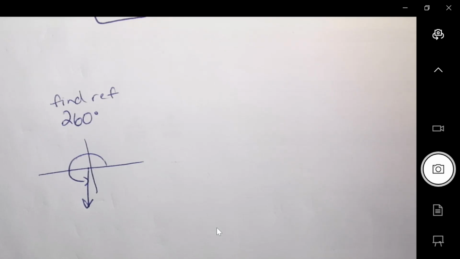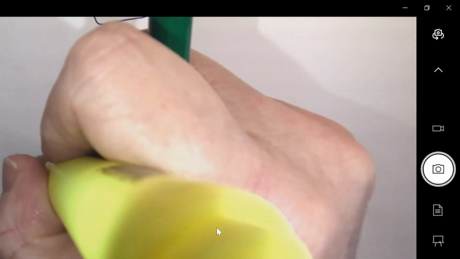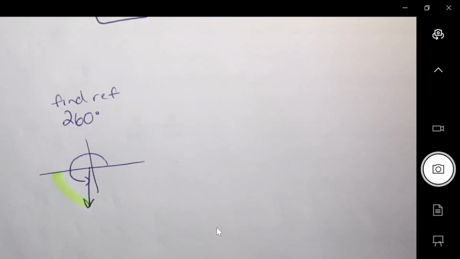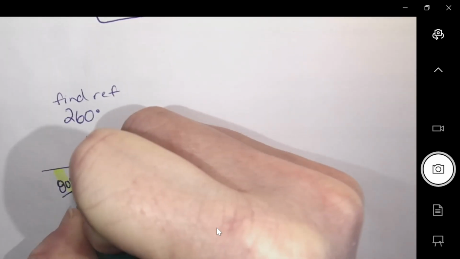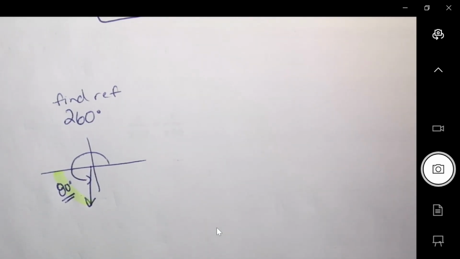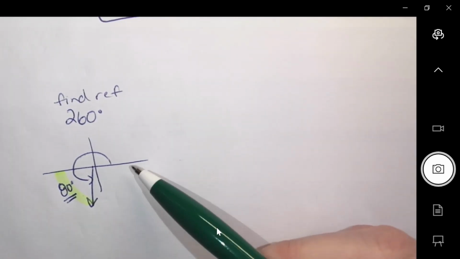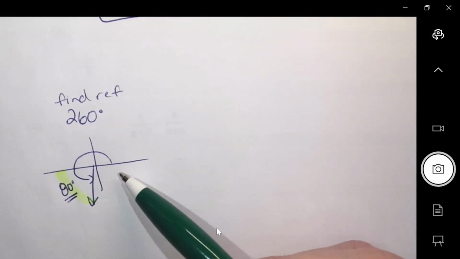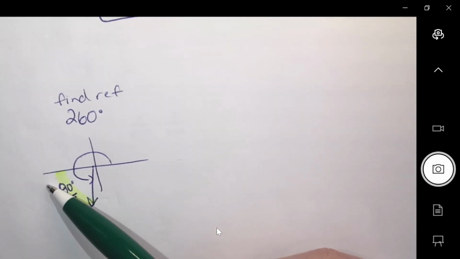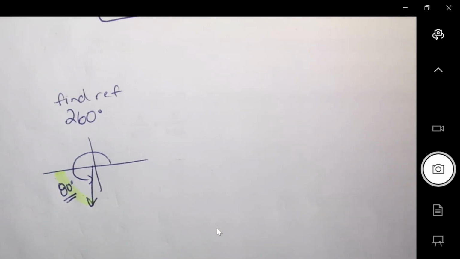Between it and the nearest x-axis, not a y-axis. I tried to trick you because you're really close to the y-axis, but you always got to go to the x. There's 80 degrees. Do it the other way. This is more than 90 and this is less than 90, so I'm closer to this one. Okay, so that was just what is a reference angle?